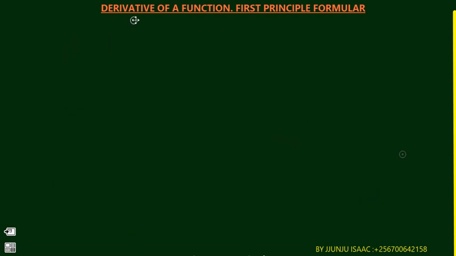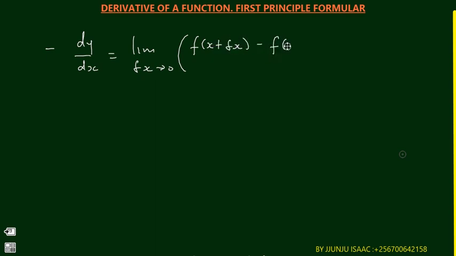So the definition of differentiation of a function, I will say that dy dx is equal to the limit as delta x tends to 0 of f of x plus delta x minus f of x over delta x.